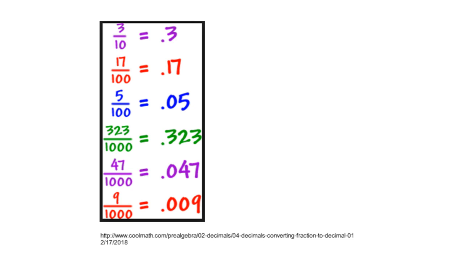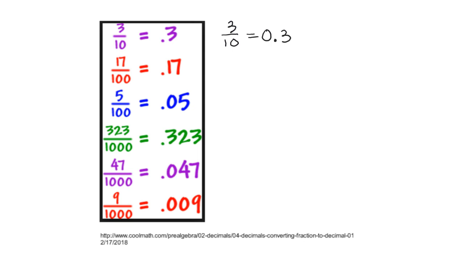So if you take a look at these examples, notice that the denominators are a multiple of 10. All right, so anytime you have a denominator of 10, so if I have this one here, which says 3 over 10, the way you would say that is 3 tenths with the THS. So that's equivalent to your 3 tenths.